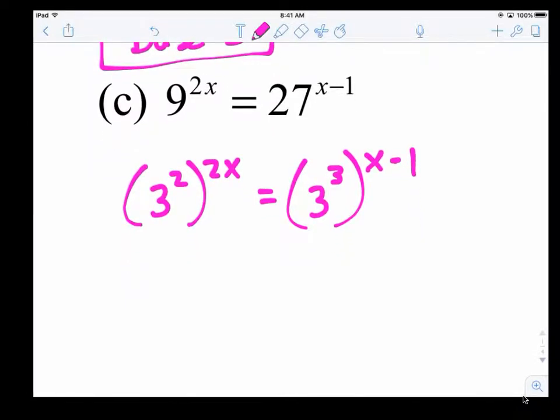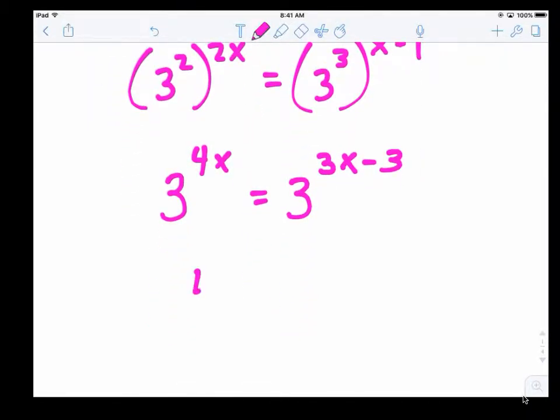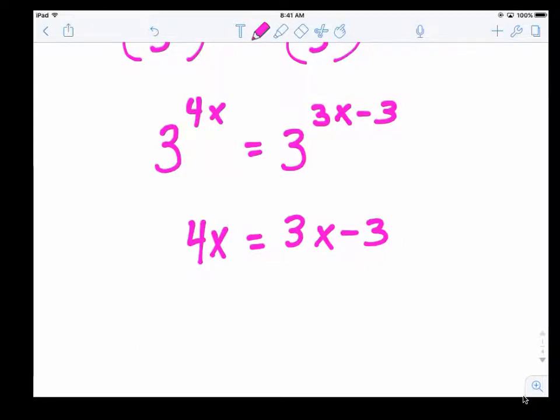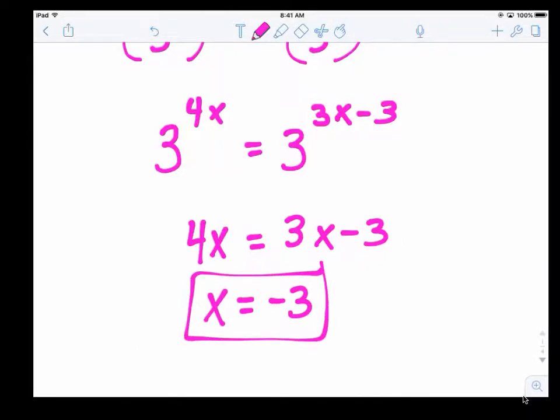So I have 3 to the 4x is equal to 3 to the, minus, good. So that gives me 4x equals 3x minus 3, so that gives me x equals negative 3.